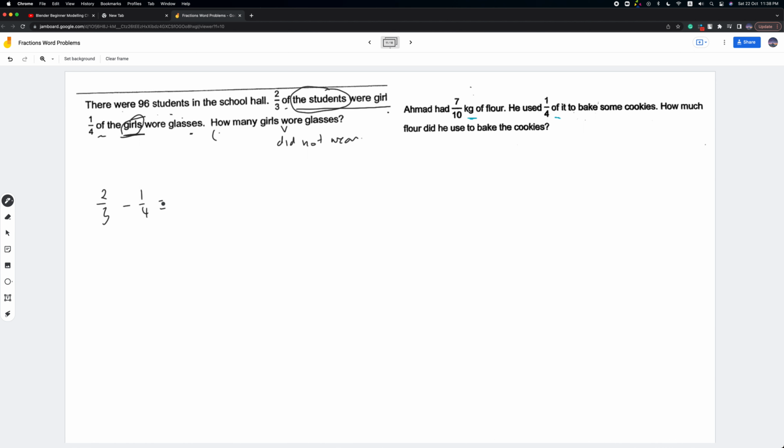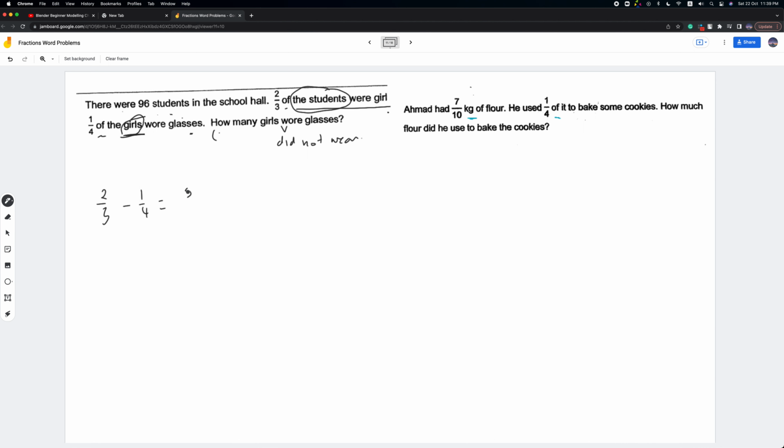If we do the math here, 2/3 minus 1/4, that gives us 5/12.